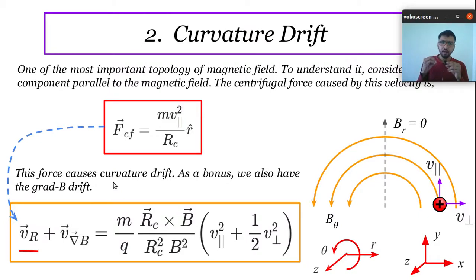Now when we do the calculation with this centrifugal force, what we find is we have two kinds of drifts, right? One is the curvature drift. This Vr is the curvature drift, and this V grad B is our grad B drift which we have seen here.